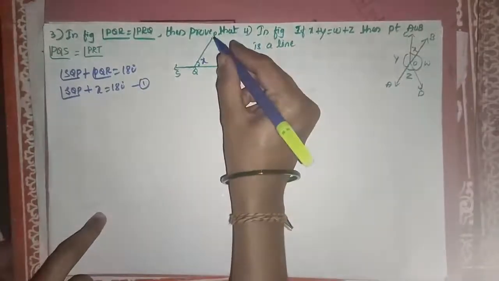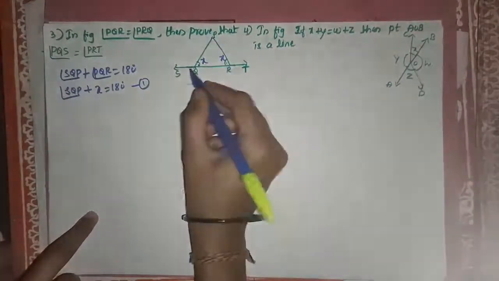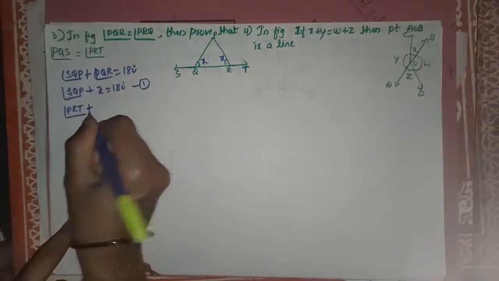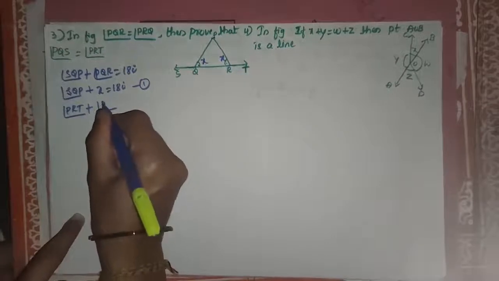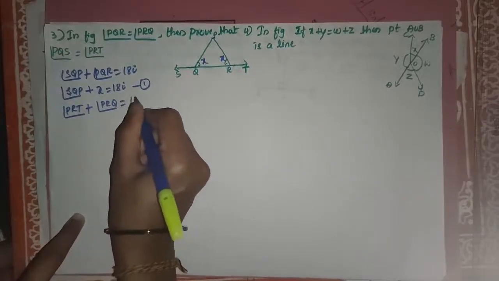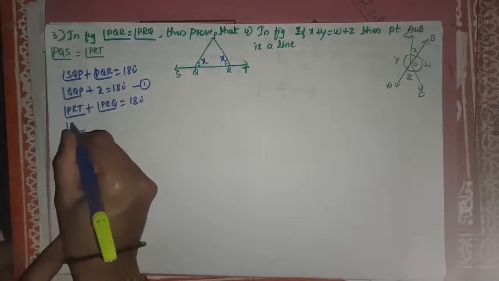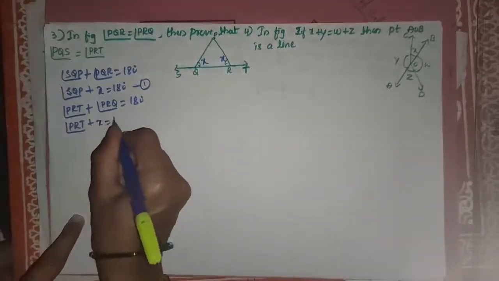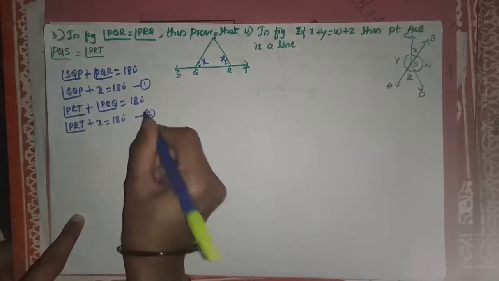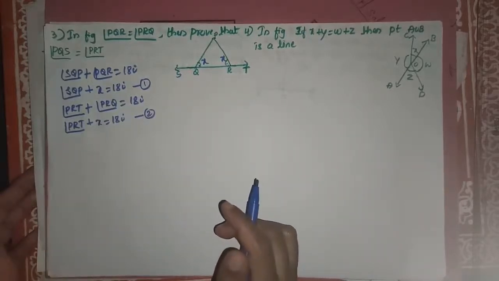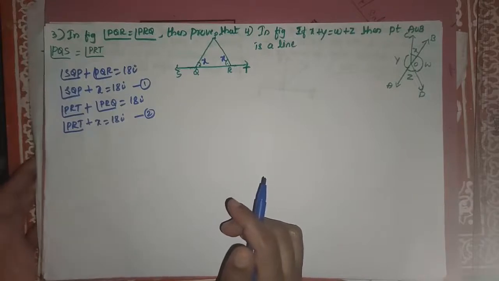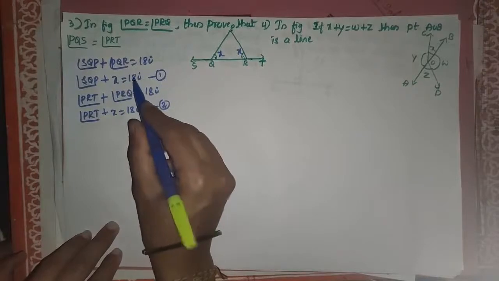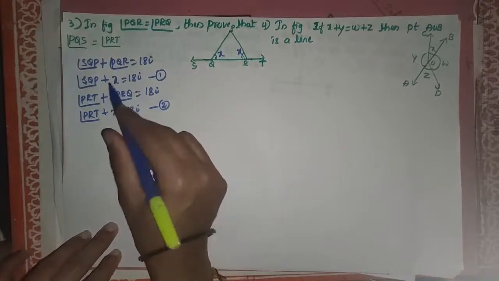Then PRT plus PRQ equals 180 degrees. I write PRT as it is, PRQ is X, equals 180 degrees. I call this equation number 2. So now we know that from 1 and 2, this equals 180 and this equals 180, which means these two are equal.